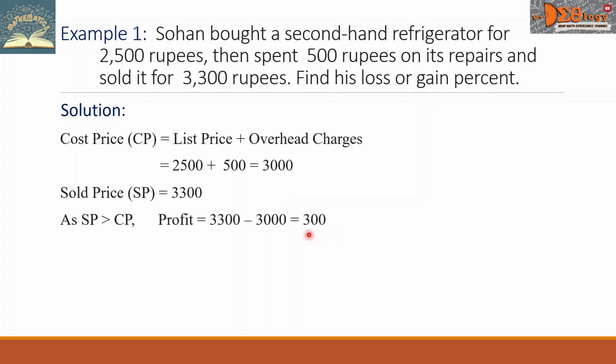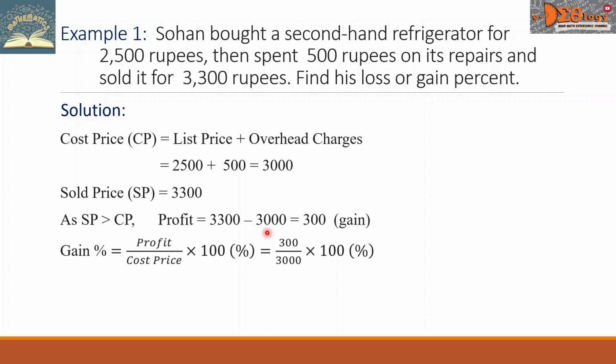And the answer is 300. This is the profit, or sometimes this is called gain. So let's compute for the gain percent, and this is the formula. Profit over cost price times 100. Then we affix the percent sign. So when we substitute the values, we have 300 over 3,000 times 100. And the answer is 10%.